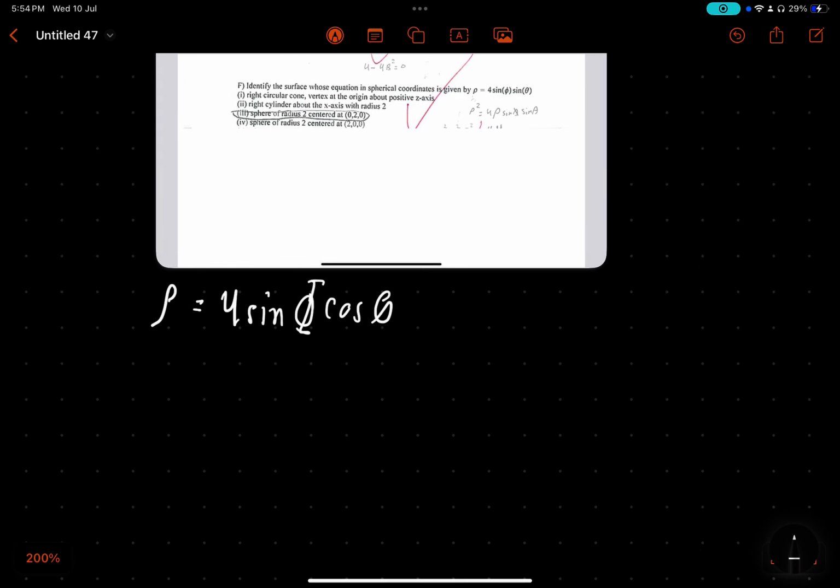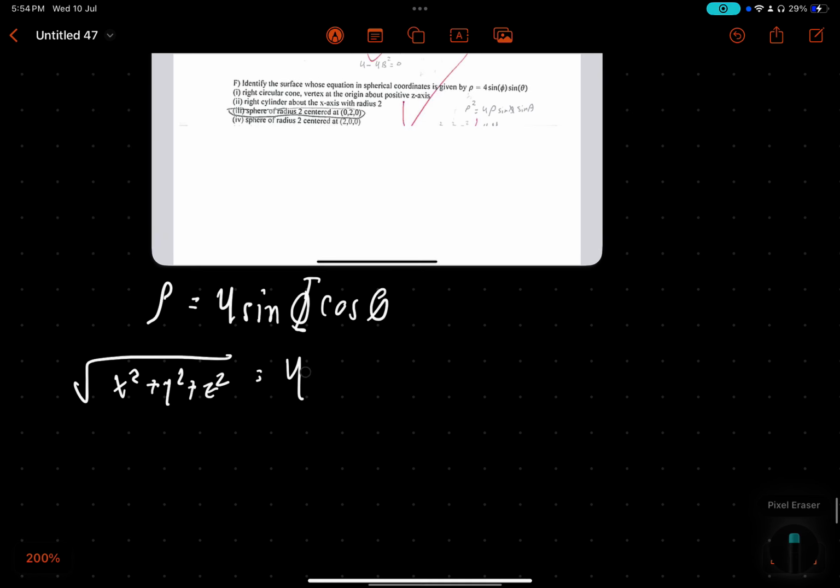Now let's convert to regular coordinates. So 4 sine phi cosine theta, this is x, so 4x.